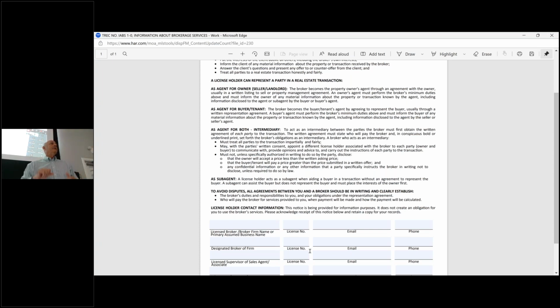And when you meet with them at the first house, you say, here's our schedule for today, this is my copy, this is your copy. Oh, by the way, I've put this information about brokerage services on top. This is a document that the Texas Real Estate Commission requires that we present to every person that we work with. It doesn't create any relationship or obligation between us, but it describes the various ways that an agent can relate to a client in the state of Texas.